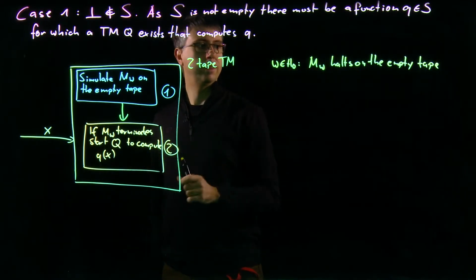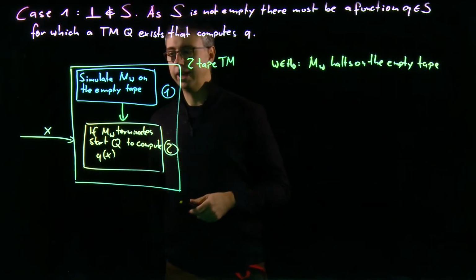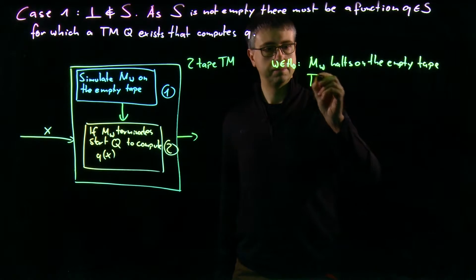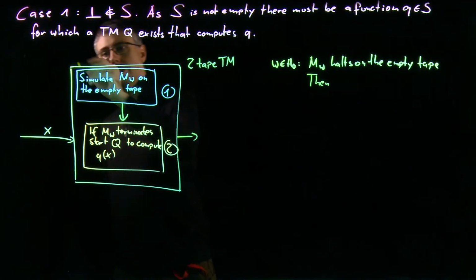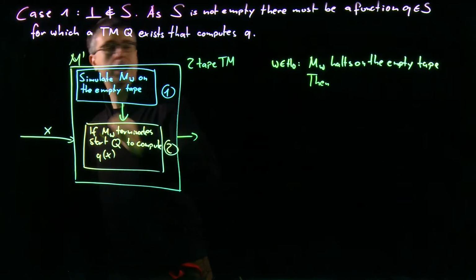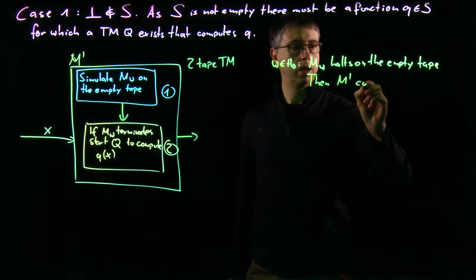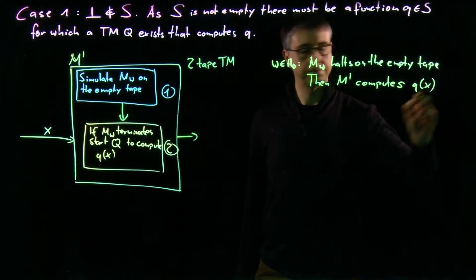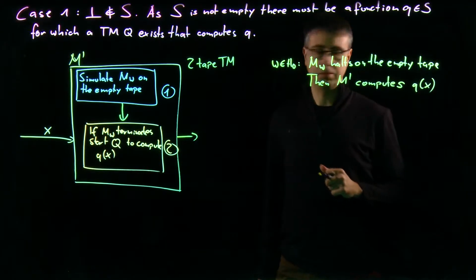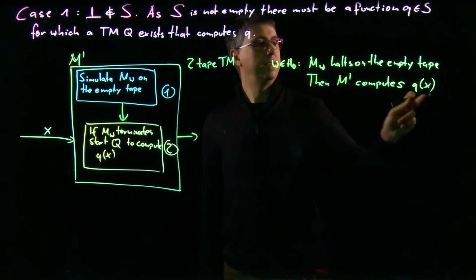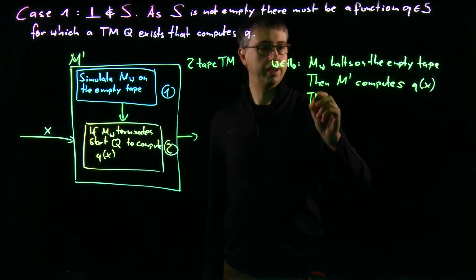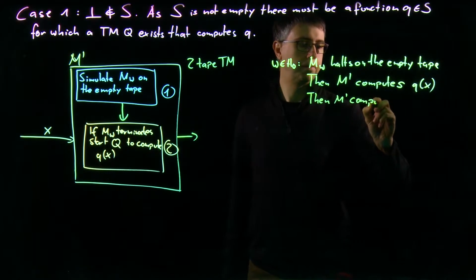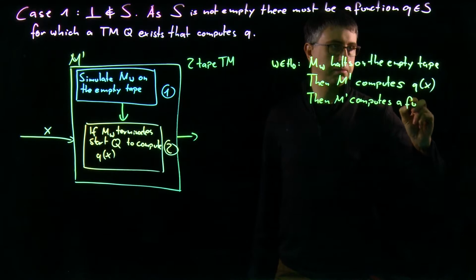So this Turing machine M' computes q of x, because then it would start the Turing machine Q. But if it computes q of x, we know that M' computes a function in S, because q is in S.